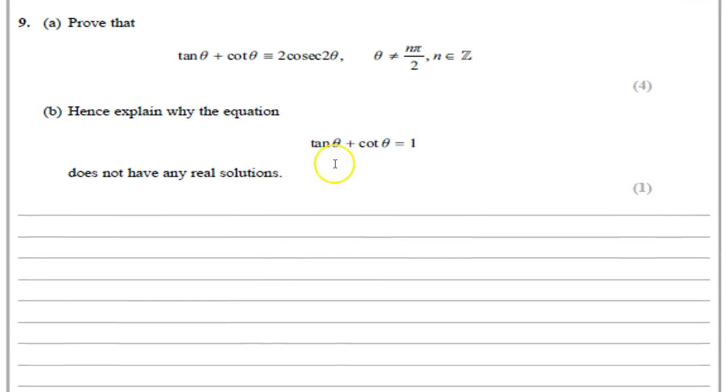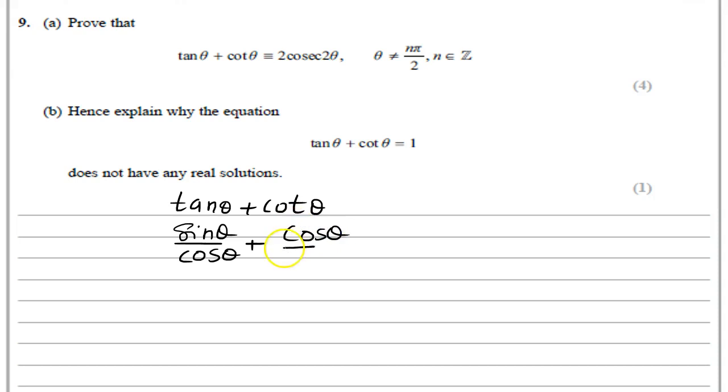Question number 9. Prove that tan theta plus cot theta is equal to 2 cosec 2 theta, given theta is not equal to n pi over 2. So let's solve. Start with tan theta plus cot theta. Tan theta you can write as sine theta over cos theta, and cot theta as cos theta over sine theta. Let's cross multiply.